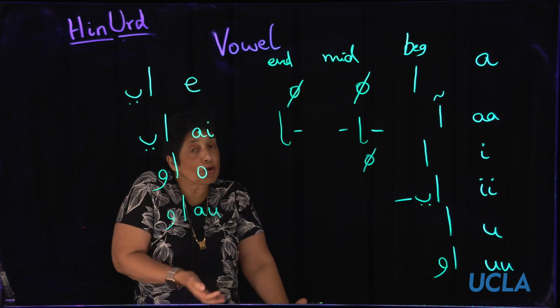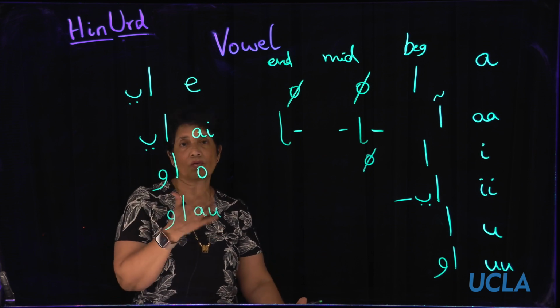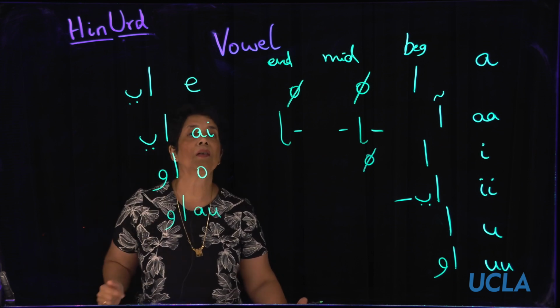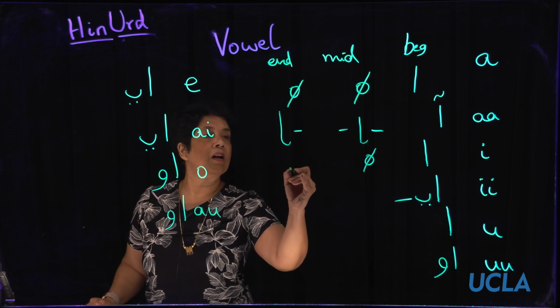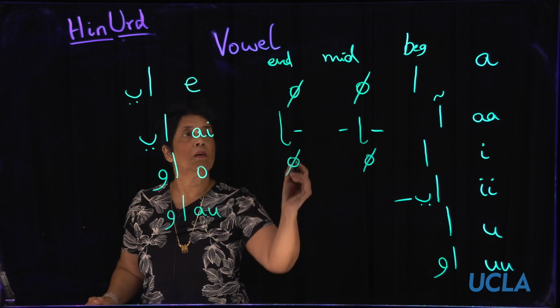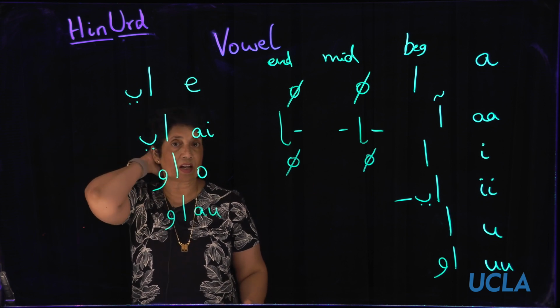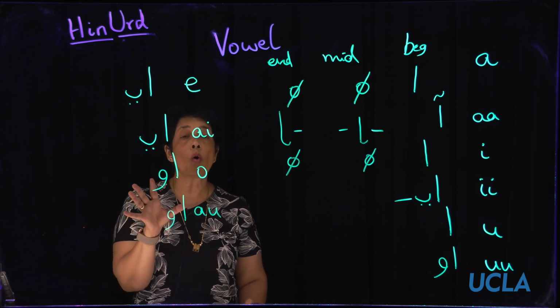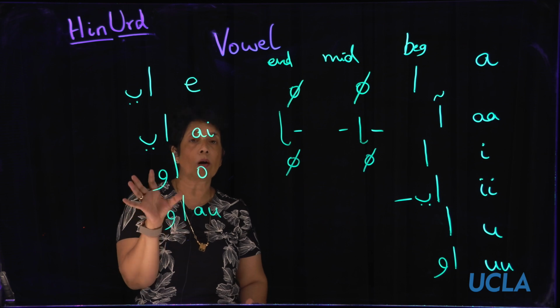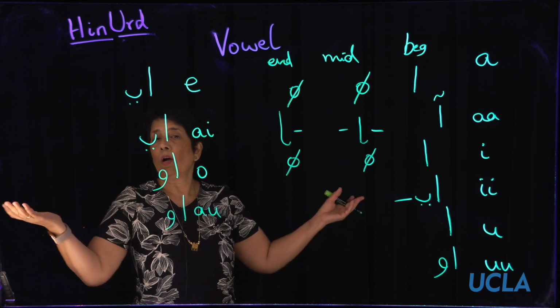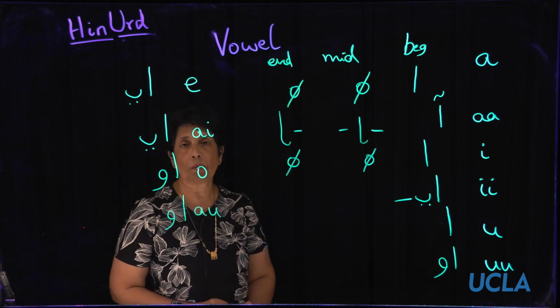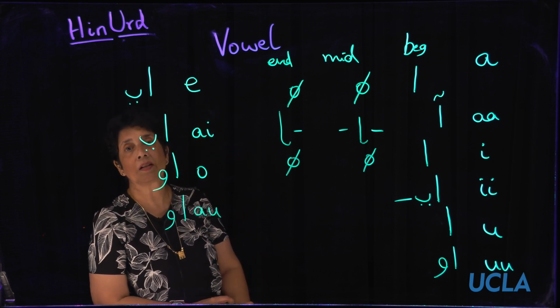But people don't use that diacritic, so you should get used to trying to figure it out. And similarly, at the end, there is no representation for a short E. No Hindi-Urdu word ends in a short E. So if it doesn't exist, we don't need a way of representing it.